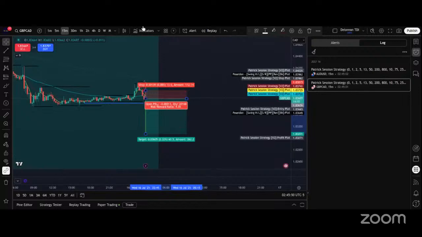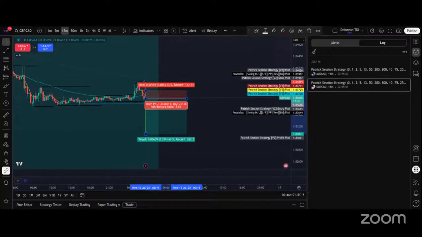So let's go ahead and grab that. Get that called out for you guys. Again, this is going to be a live exclusive. GBP/CAD 15-minute confirmation, market execution sell. It's going to be a 4.35 risk to reward ratio.